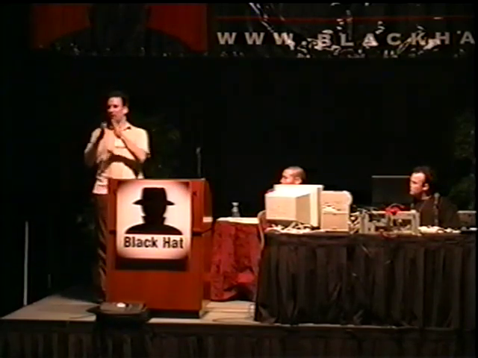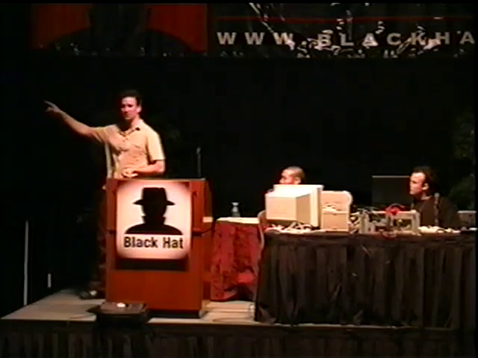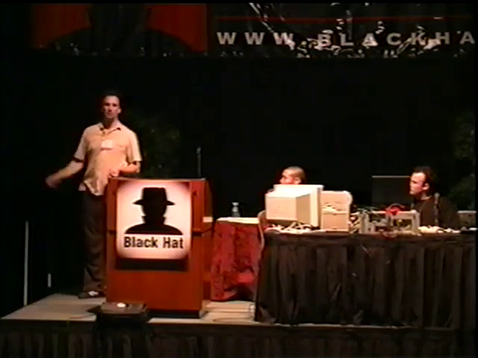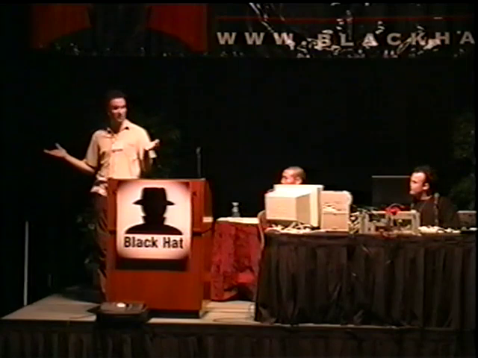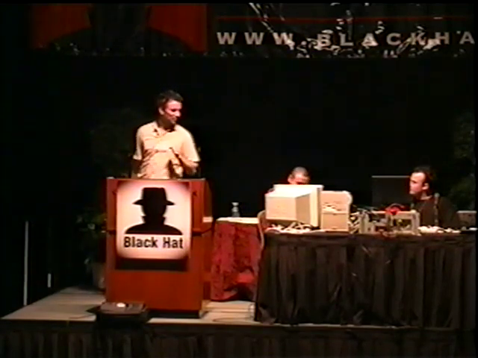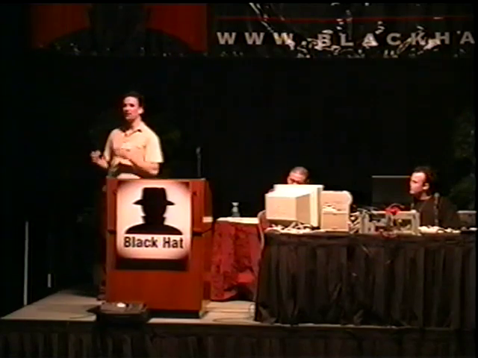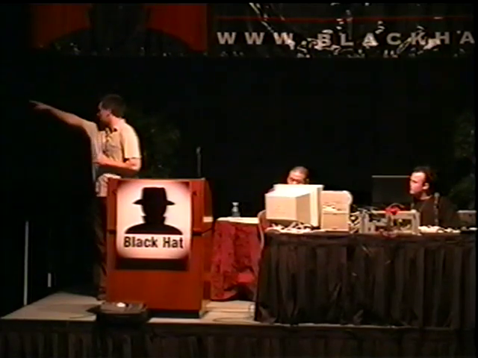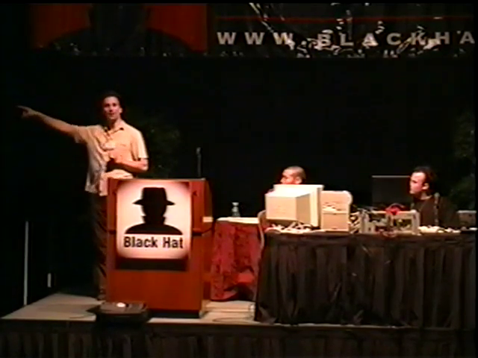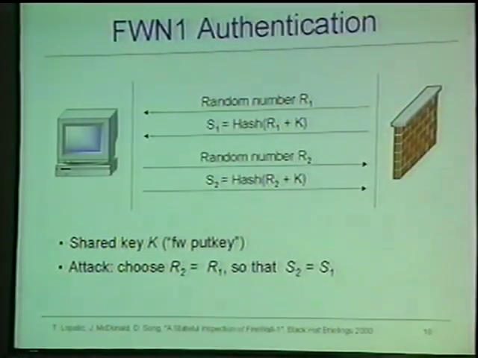If we are a legitimate management station, this is not a problem because we know K. But we don't know K because we're not a legitimate management module. So we have to find a way to calculate that reply without actually knowing K. And what we do is pretty trivial.